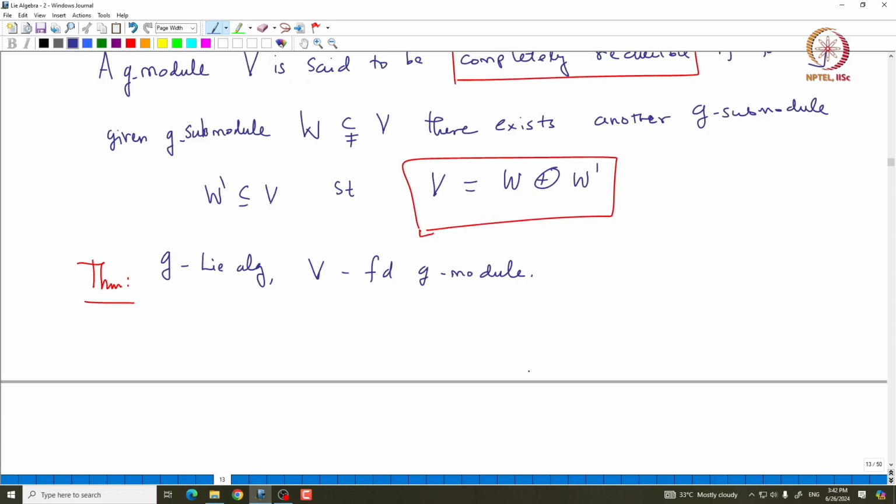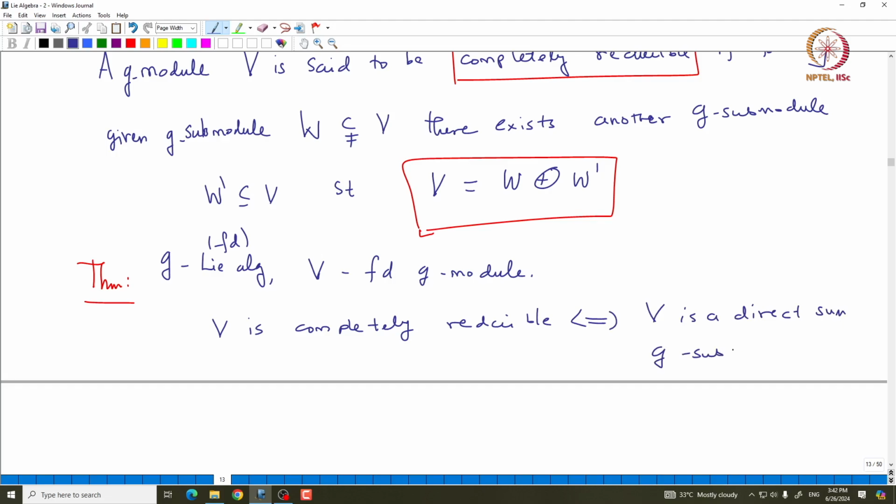One can assume everything is finite dimensional, not a problem. Then V is completely reducible if and only if V is a direct sum of irreducible G submodules.